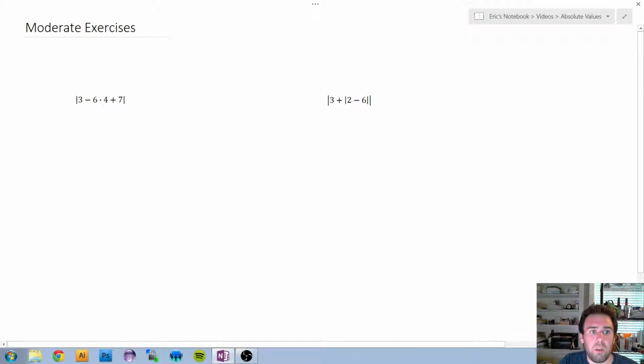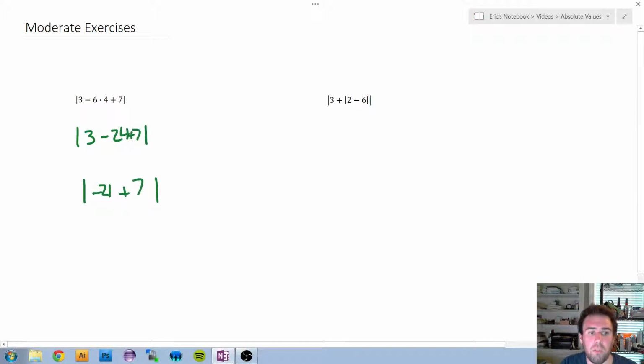Inside here we have 4 different numbers and a few operations. I see a minus, I see a times, and I see a plus. So if you are good with your order of operations, we got to take care of that times first. 3 minus 24 plus 7. Now we just have addition and subtraction, so it's time to go left to right. 3 minus 24 would give you a negative 21.